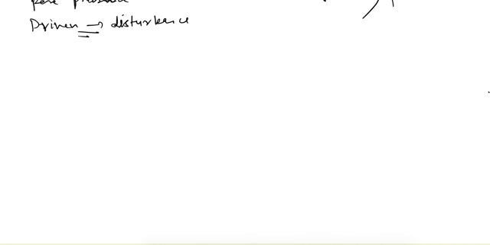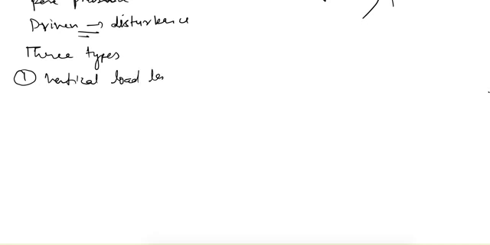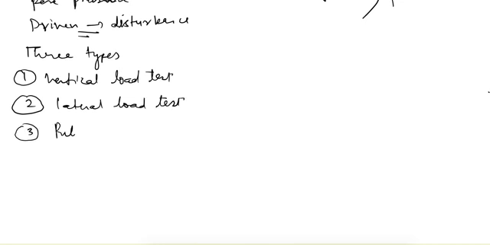There are three types of tests depending upon the pile. First is the vertical load test, second is the lateral load test, and the third one is the pull out test. The vertical load test is done when the pile is under compression.